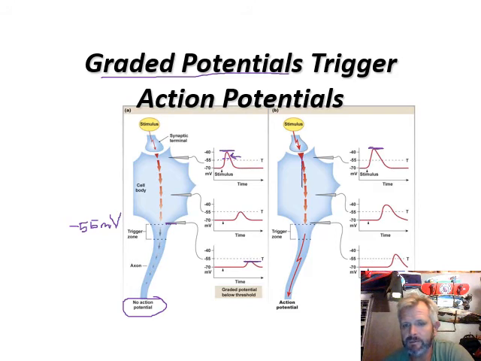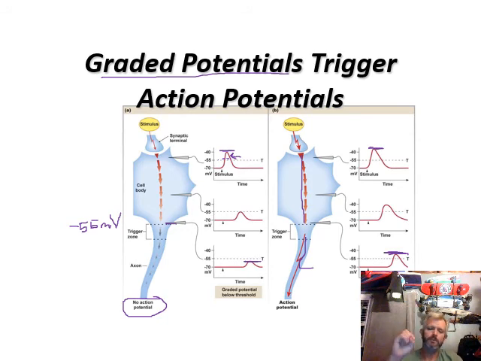And as we move through, it decreases, but by the time we reach the trigger zone, we're still above threshold. We're still above negative 55. And what happens is we get the triggering of the action potential because we are above threshold.